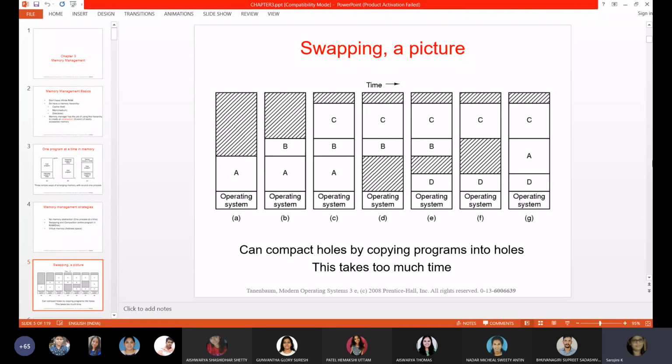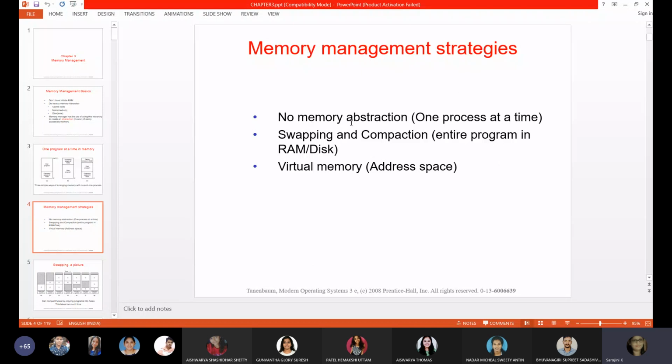But before that, I have to say about this also: no memory abstraction. That means only one process at a time. Till 1980, all the computers used this only, no memory abstraction. That means only one process can be executed at a time.